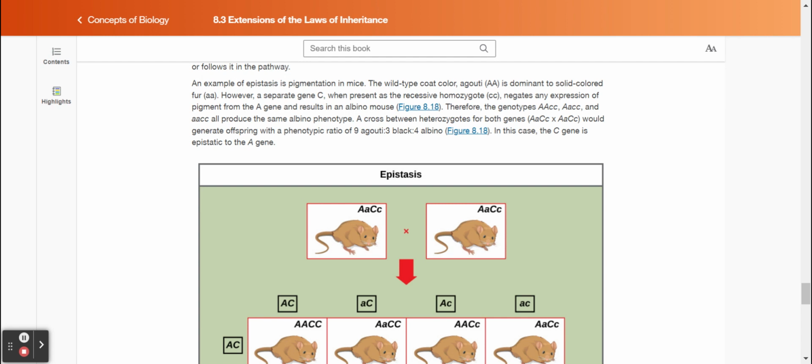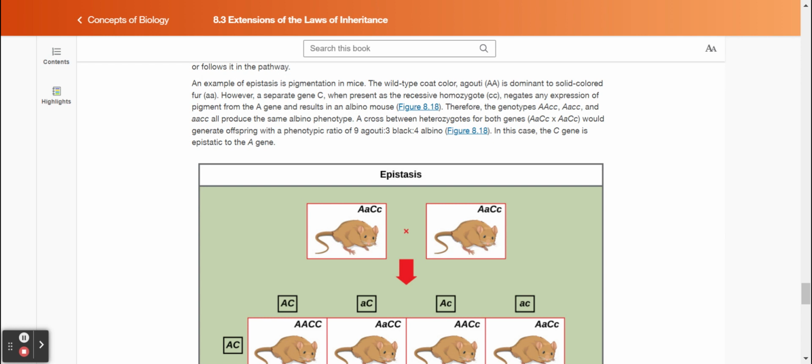Therefore, the genotypes homozygous dominant A, homozygous recessive C, heterozygous A, homozygous recessive C, and homozygous recessive A, homozygous recessive C all produce the same albino phenotype.